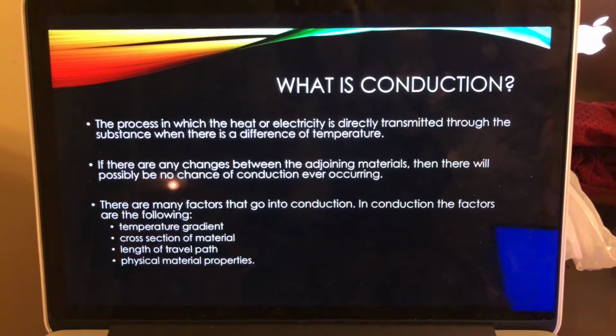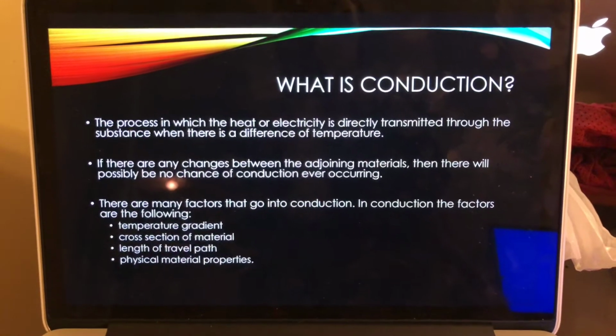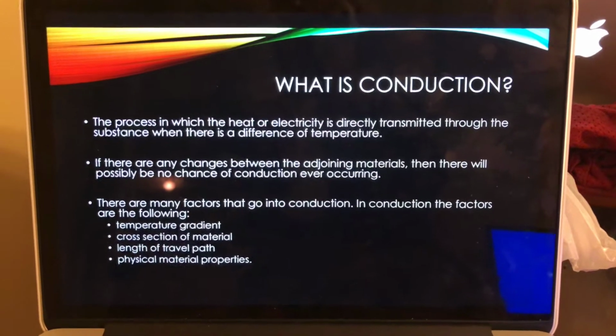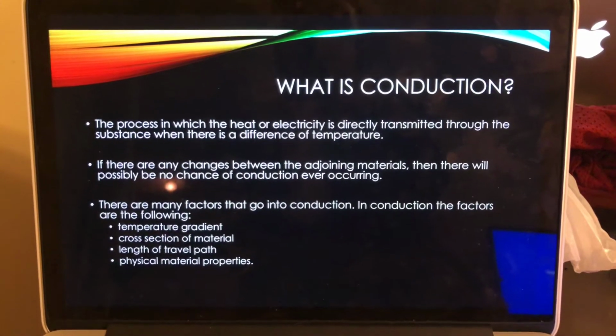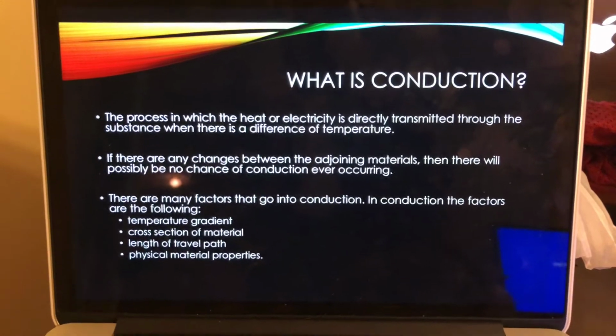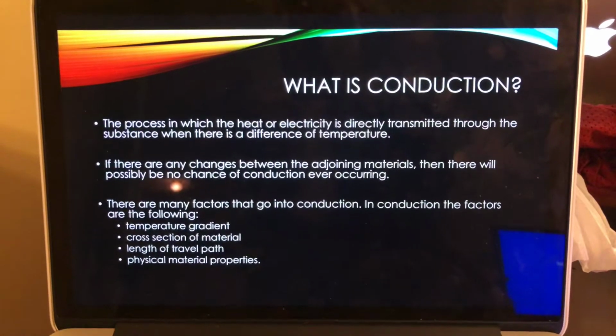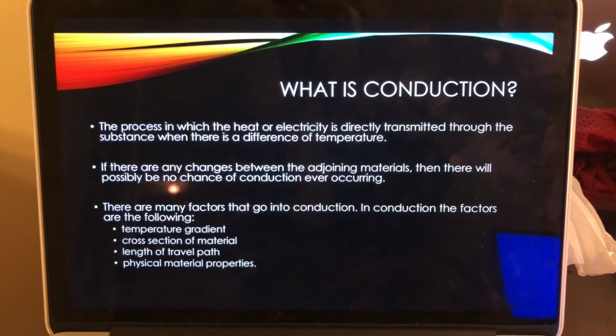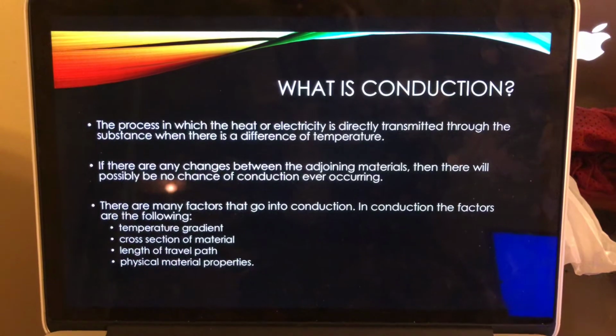There are many factors that go into conduction. The factors are the following: temperature gradient, cross-section of material, length of travel path, and physical material properties. Of these four factors, temperature gradient, length of travel path, and physical material properties are the main three.